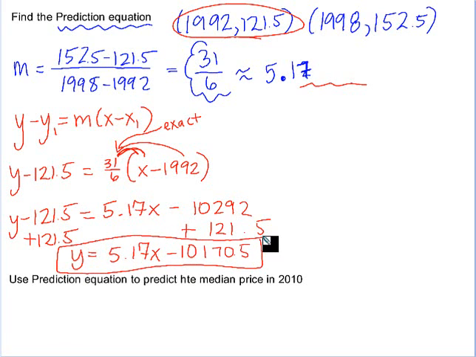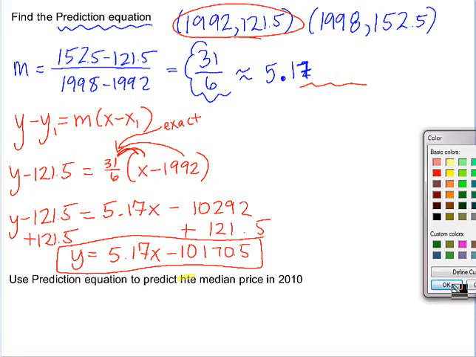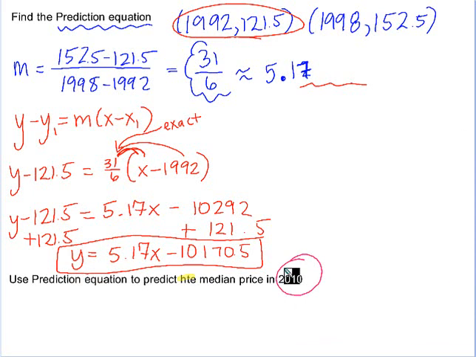Okay? Next, we're going to use our prediction equation to predict the median price in 2010. Ooh, who found my typo? There's definitely a typo. My bad. All right, so we're going to use this prediction equation to predict the median price in 2010. So the year is 2010. We want to predict the price.